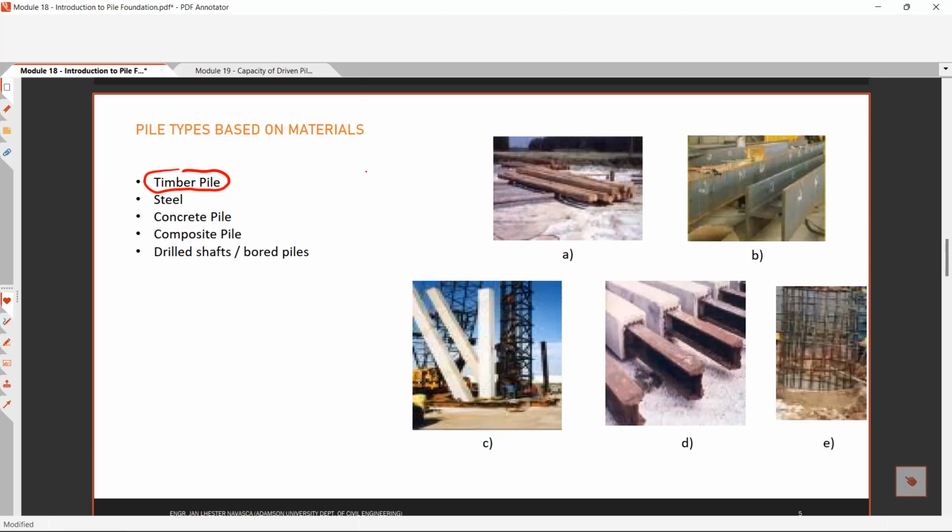So hindi siya ganoon kataas yung expected lifespan of a timber piles. So that is the problem. So etong mga to ginagamit to dati sa mga lumang panahon, mga 19 something pa. Yung hindi pa ganoon kamura yung concrete and steel. Okay. So, yan yung timber piles.